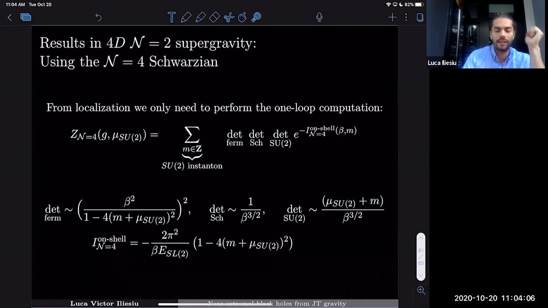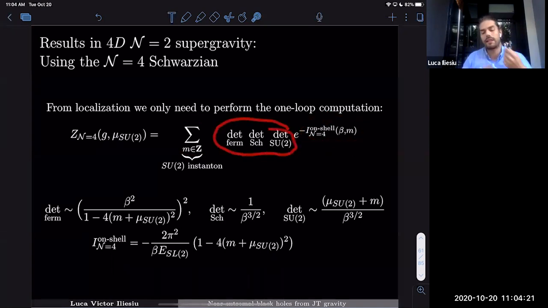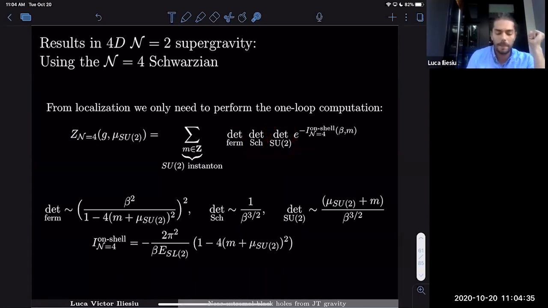So I can write my overall partition function as a sum over SU(2) instantons times e to the i times the on-shell action, multiplied by the one-loop determinant coming from each field. There's a one-loop determinant coming from the fermions, one from the Schwarzian field, and one from the particle moving on the SU(2) manifold. And you can compute each of them.